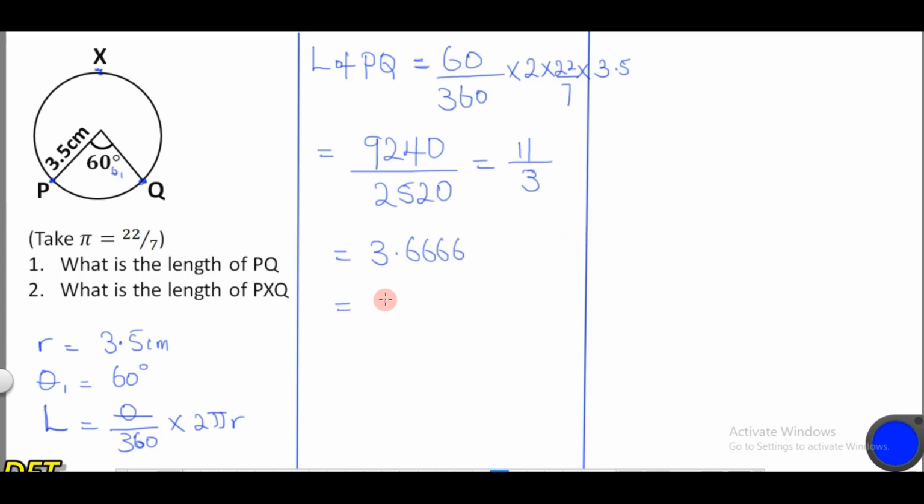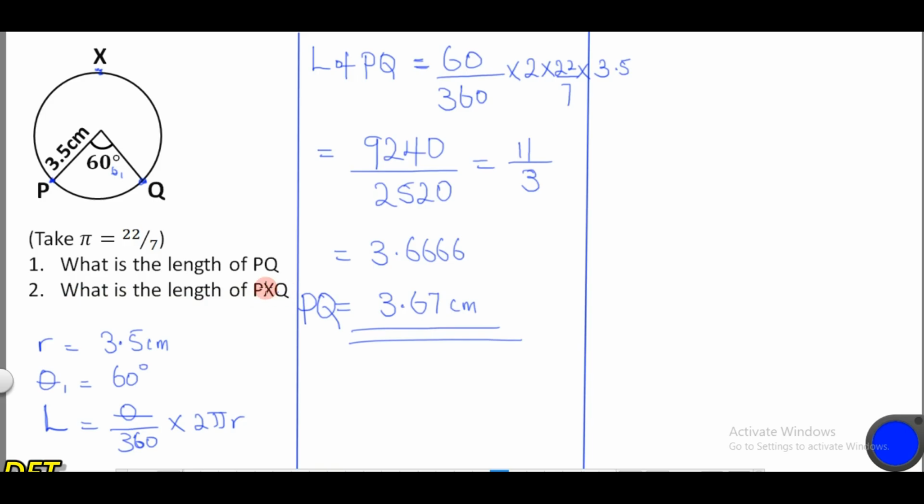So this is equal to 3.67 centimeters. This is the length of this minor arc. So my PQ is equal to 3.67 centimeters.